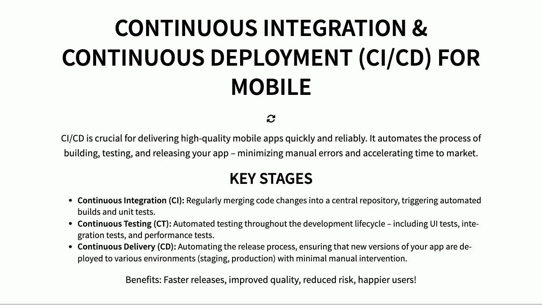Then there's continuous testing, which goes even further by automating various kinds of tests, like making sure the user interface works correctly or checking how well your app performs. Finally, continuous delivery takes that tested code and automates the process of getting it into different environments like a staging area before going live to users. The goal is to get updates out faster, with higher quality, and with less chance of things breaking.